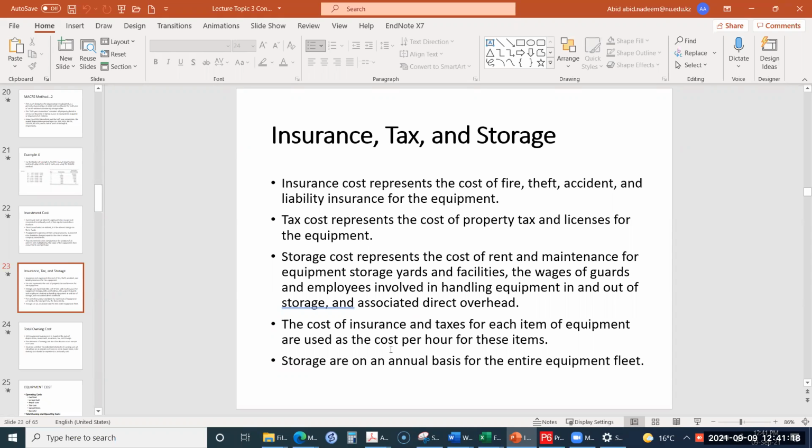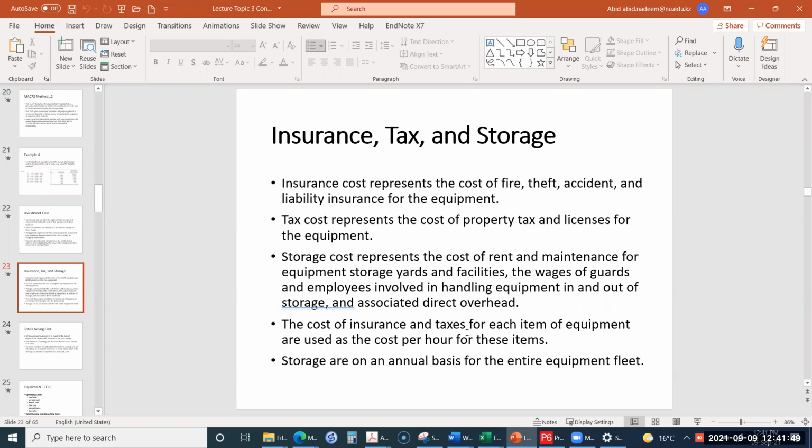So the cost of insurance and taxes for each item of the equipment are used as the cost per hour of these items. And the storage costs are on an annual basis for the entire equipment fleet. Remember that for each type of cost, it is convenient for comparison purposes to convert all these costs to the cost per hour of the usage of the machine.